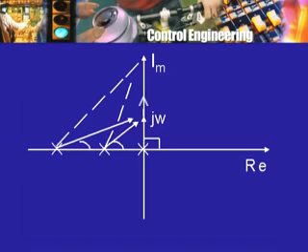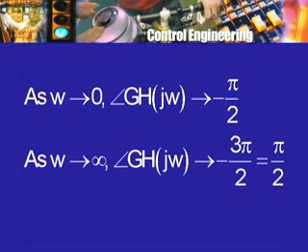As this point moves along the imaginary axis, this particular angle stays put at 90 degrees, whereas these two angles will start off with small values and then go on increasing to large values. So, this makes a constant contribution of 90 degrees in the denominator. These two make a contribution which varies from 0 degrees to 90 degrees in the denominator, and therefore, what can we say about the angle of GH j omega?